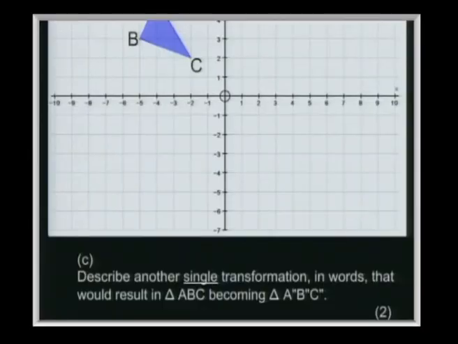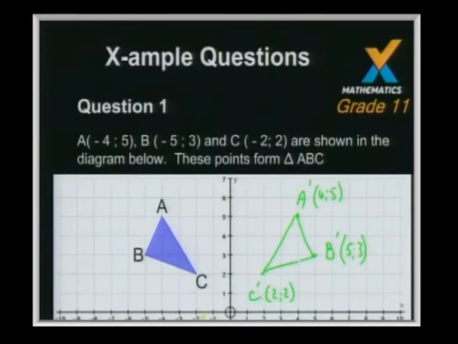Part C of this question asks us to describe a single transformation. One single transformation that would take ABC into A double dash, B double dash, C double dash. If we remember what happened, I'm going to go back to my original diagram.